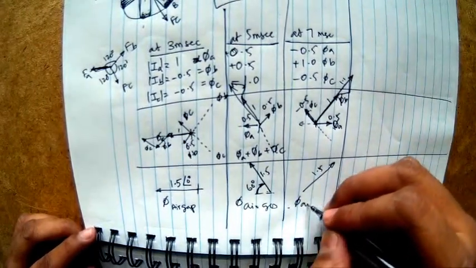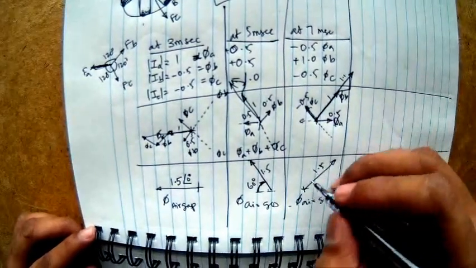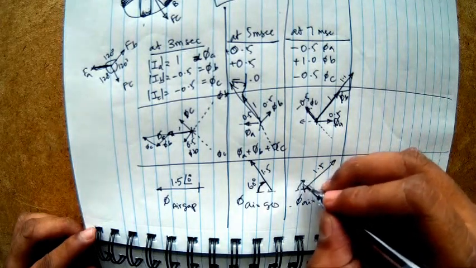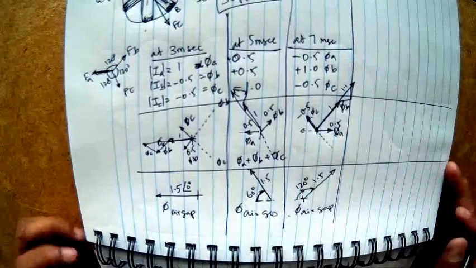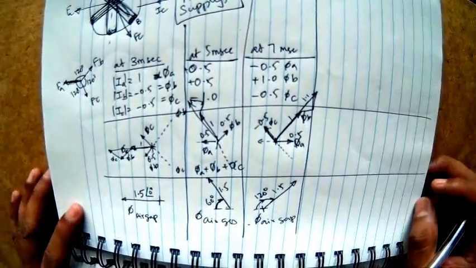This is the flux in the air gap. What about the angle? This has further rotated by 60 degrees, so the total is 120 degrees. So every 2 milliseconds, you notice that the angle is rotating by 60 degrees.